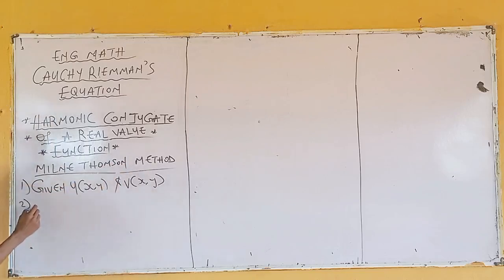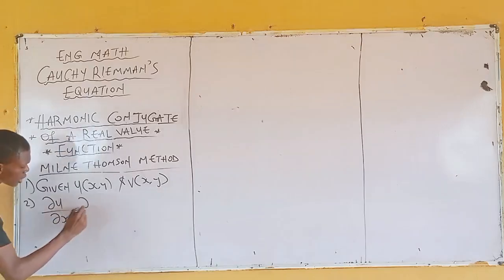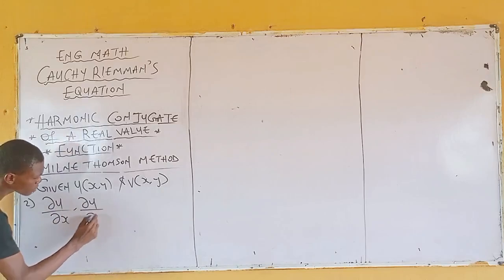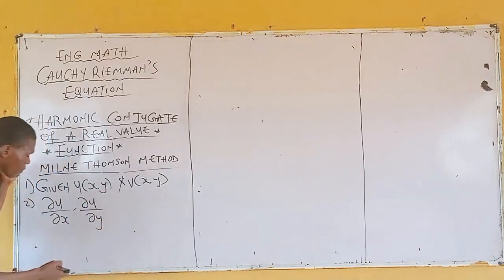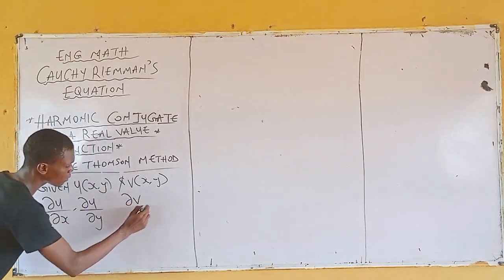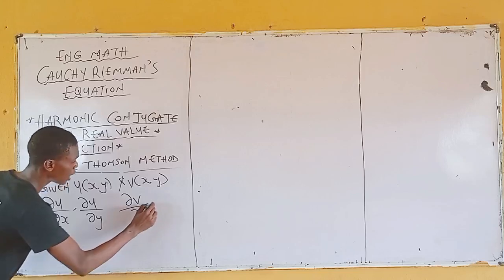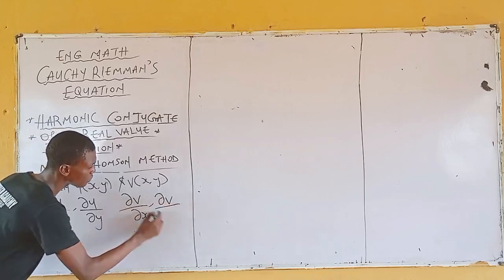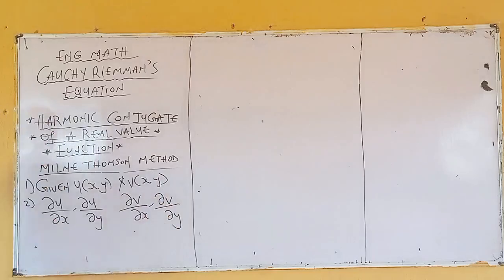Given this function, obtain the partial derivatives, meaning the partial derivative of u with respect to x, the partial derivative of u with respect to y. For this particular function, find the partial derivative of v with respect to x, and the partial derivative of v with respect to y.